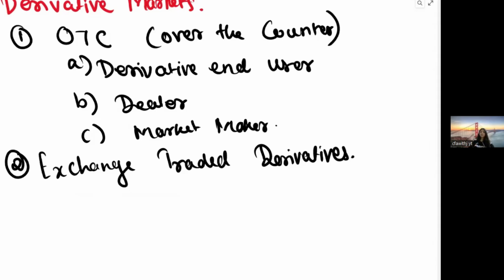The only difference between the OTC platform and exchange traded derivatives is that it is standardized. A particular exchange is stating the bid and ask price of that contract, and you have to go along with it as a derivative end user.